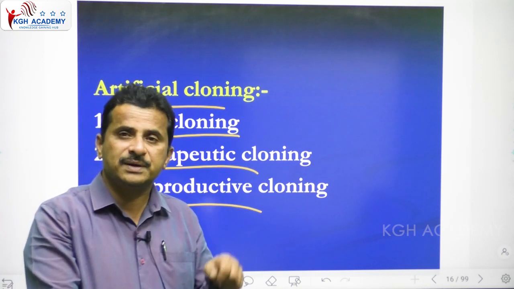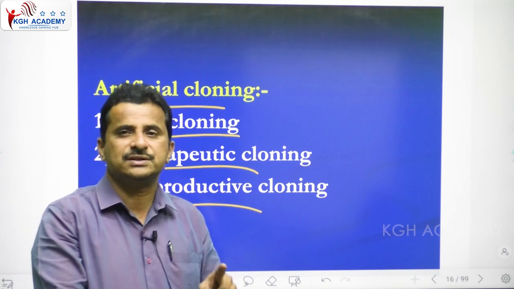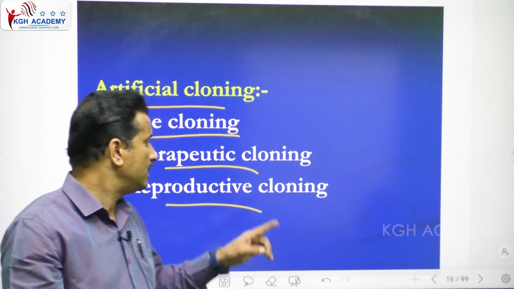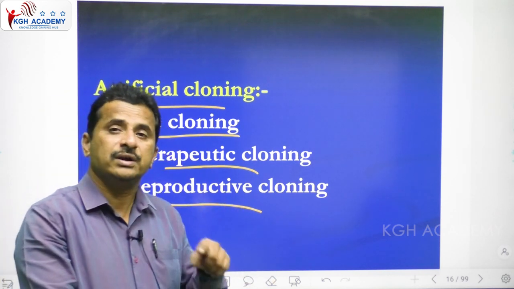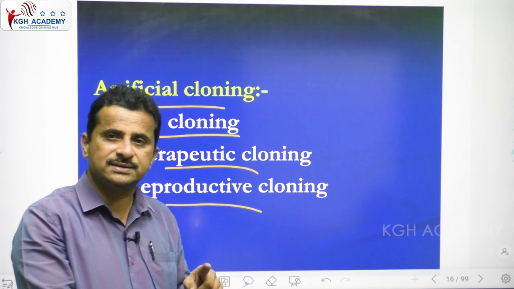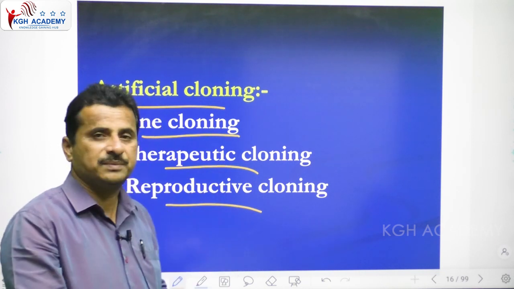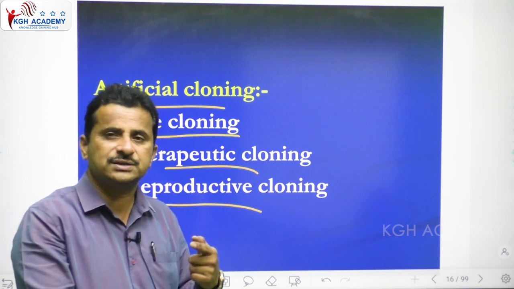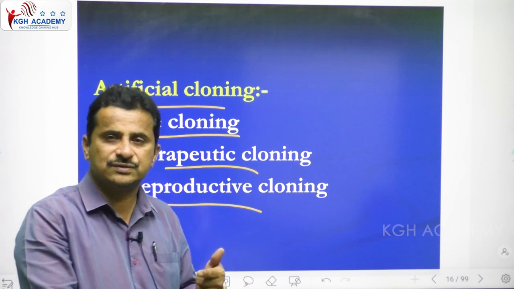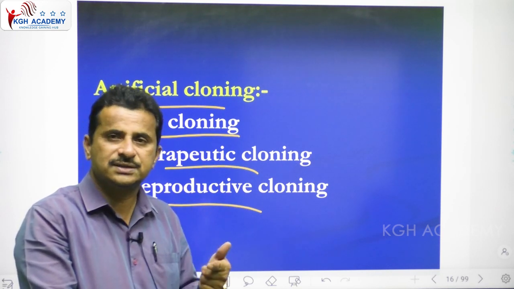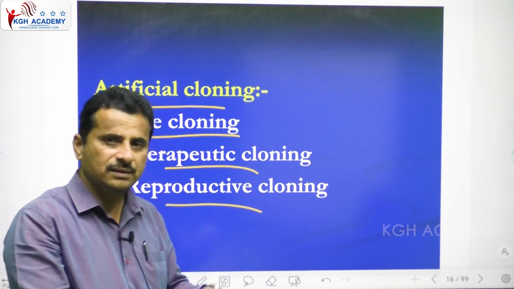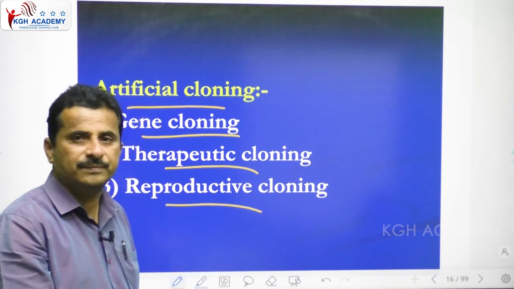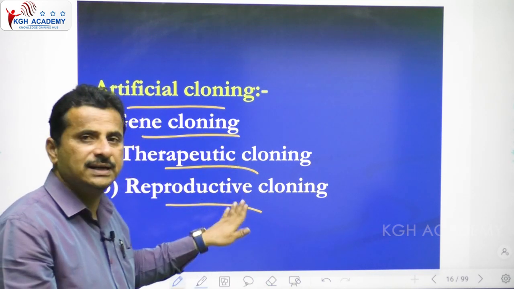Cloning experiments for therapy treatment are called therapeutic cloning. Cloning techniques for reproduction purposes, to continue the next generation, producing a new individual, new organism, new animal, is called reproductive cloning. Again, we are discussing these three in detail.